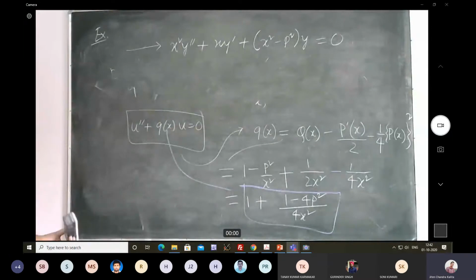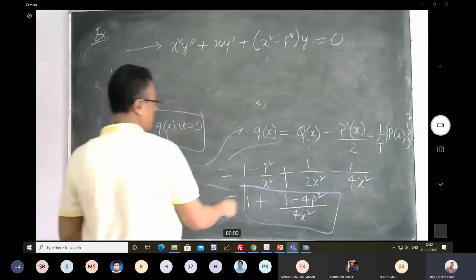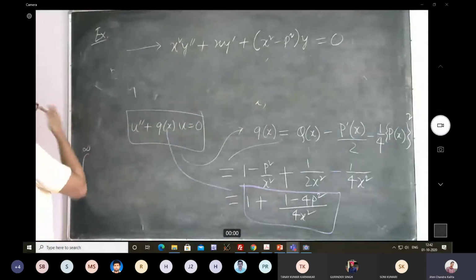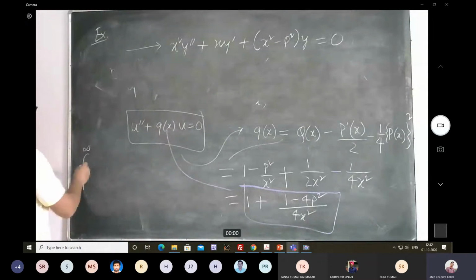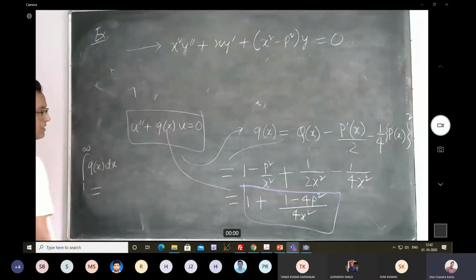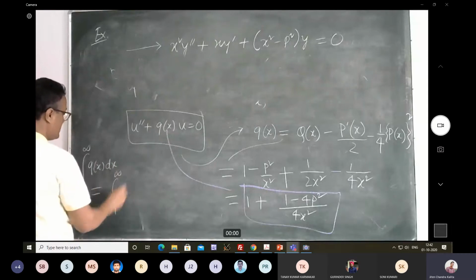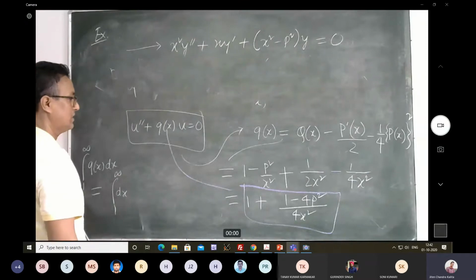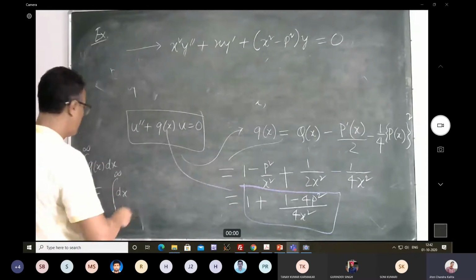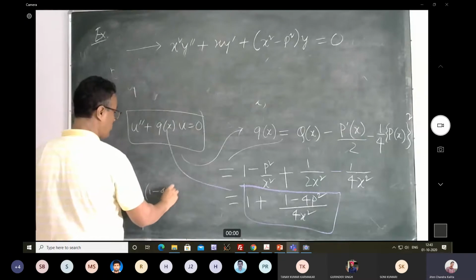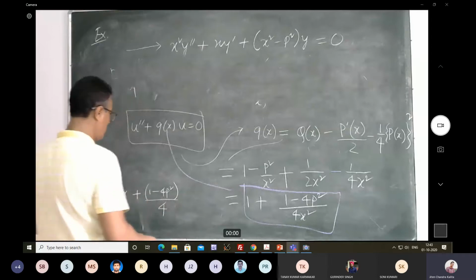Now, if I look at this expression, if I want to perform the integral from 1 to infinity of Q(x) dx, then this is going to give me the integral from 1 to infinity of simply dx, plus (1 minus 4p squared) by 4.